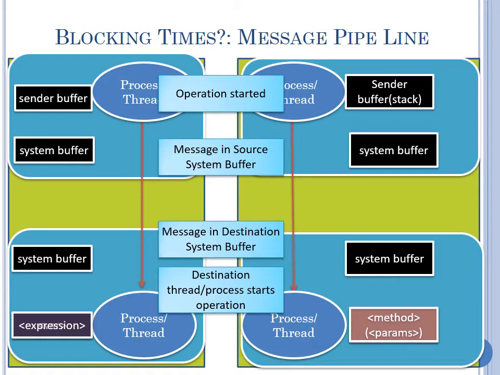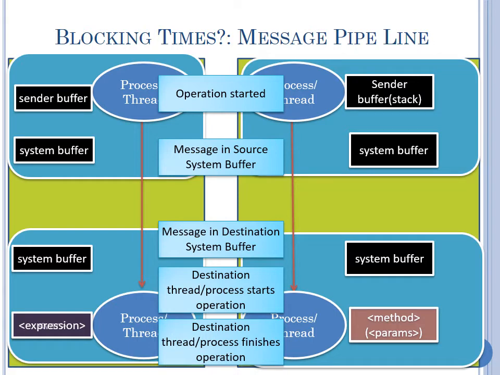At this point, the operation gets started at the remote end. The operation got started at the local end, at the sending end, much earlier. But this is where it starts at that end, and when the assignment completes, or when the method completes, that is when the operation finishes at both ends.